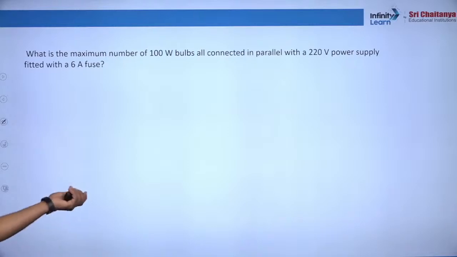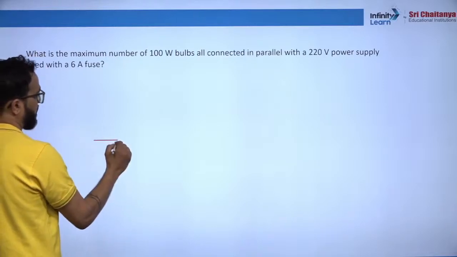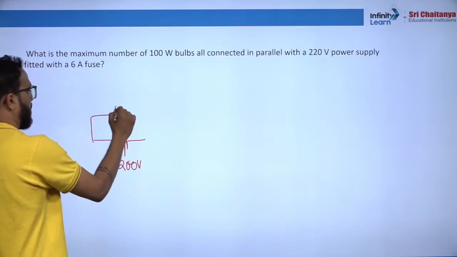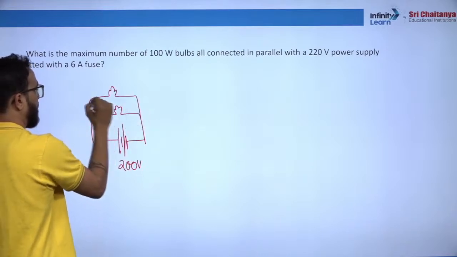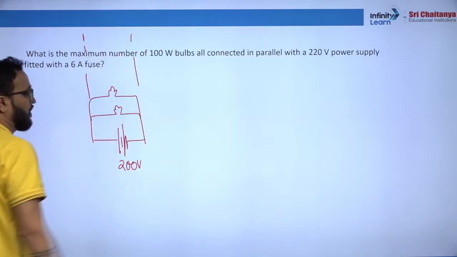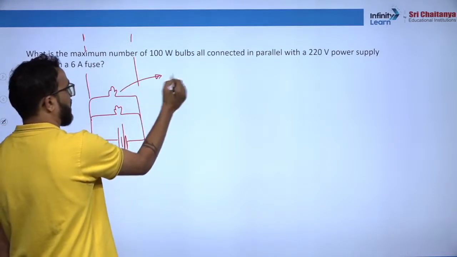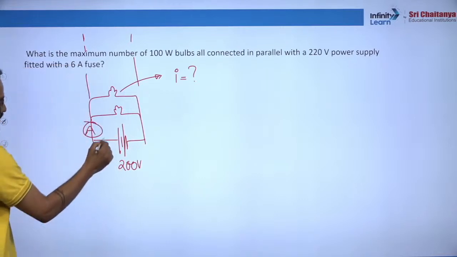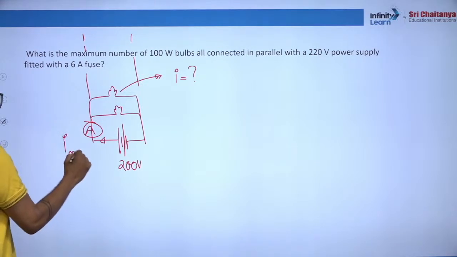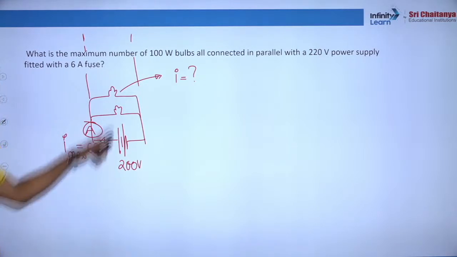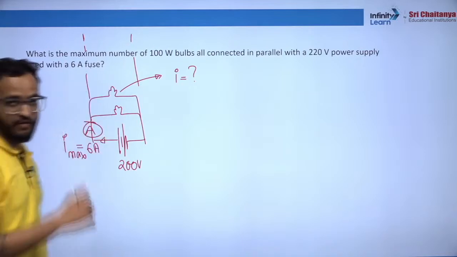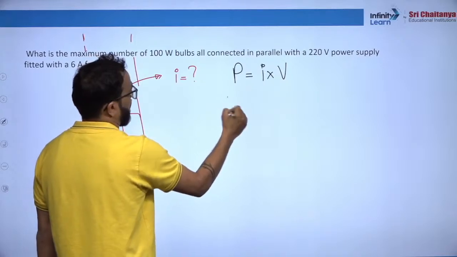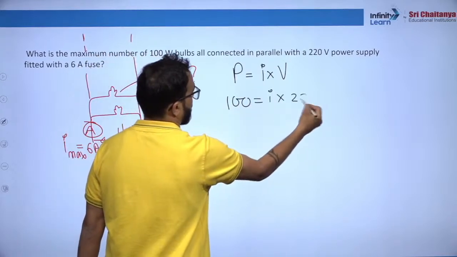What is the maximum? This also came in the last class. So they are saying this is a single battery, 200 volts, and these bulbs are connected in parallel. First of all, what is the current required by every bulb? We need to find that out, so that if there is a fuse which can take a maximum current of 6 ampere, we can say how many bulbs we can use. First of all, let's talk about the power of a single bulb. Power of a single bulb is I into V. So 100 is equal to I into 220.